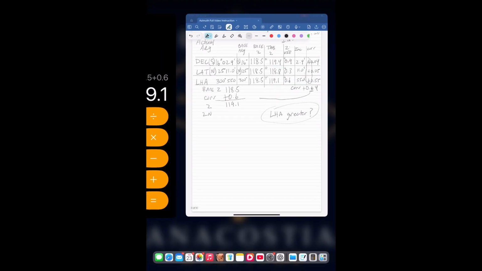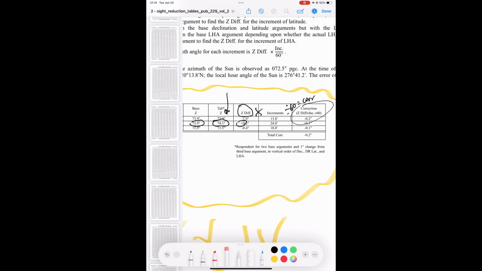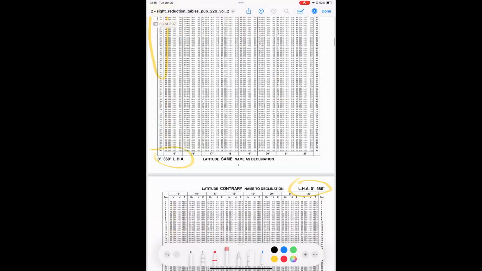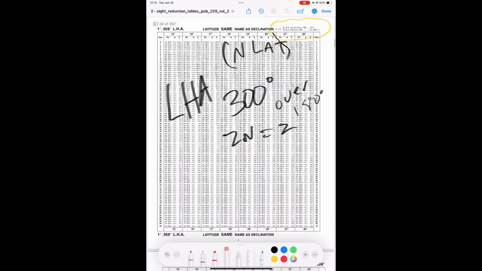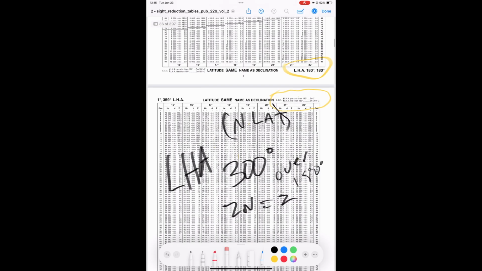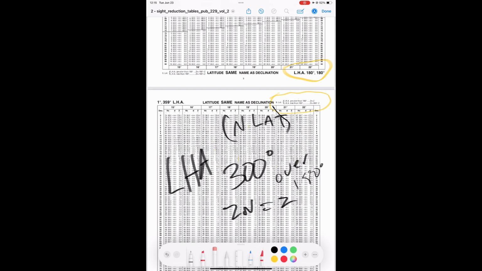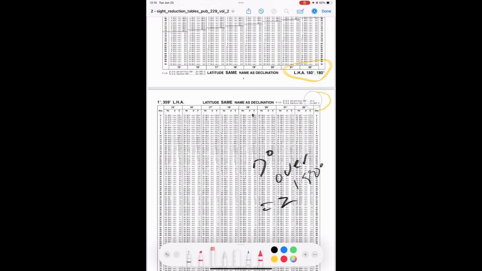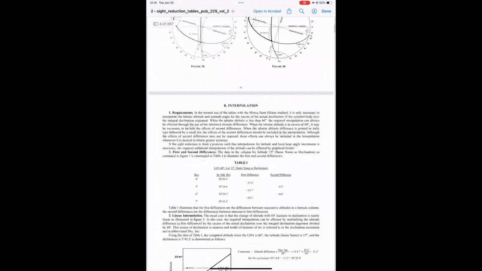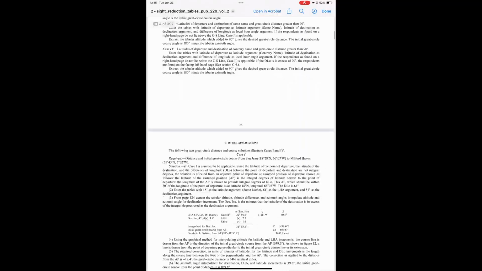Now, I have this question over here. LHA greater, what's that? Let's go back to our Pub 229, all right? And we're almost done. So simple. And I don't have to scroll far for this one. At the top and bottom of pages, you're going to have something.